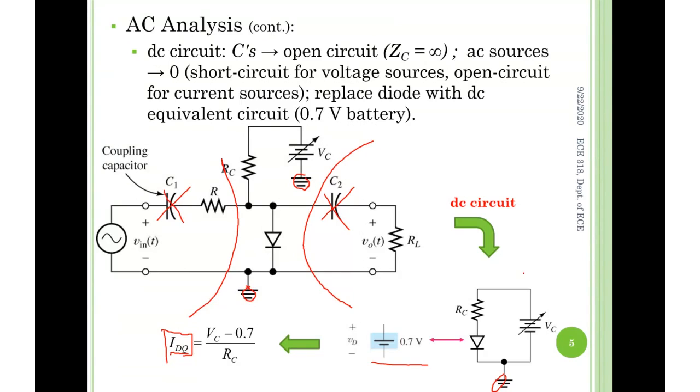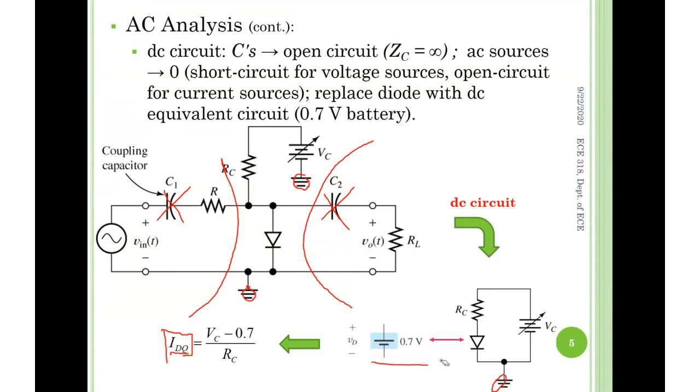Repeating this DC circuit once again. For this DC circuit, you need to open the 2 capacitors C1 and C2. Therefore, two portions of the circuit are gone. So only 1 diode, 1 RC, and 1 VC are left. And then you short these 2 grounds together, and end up with this DC circuit down here. Replace the diode by the 0.7 volts supply.